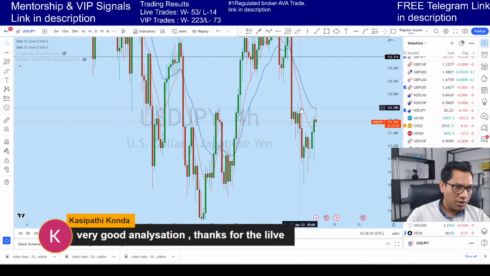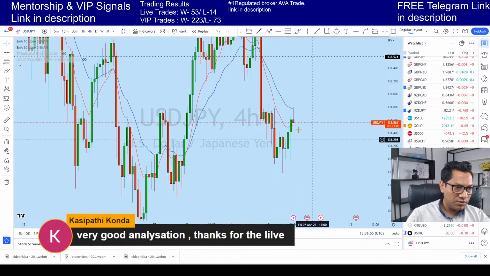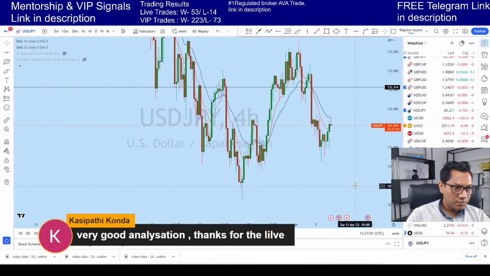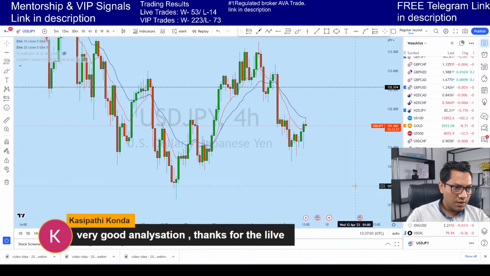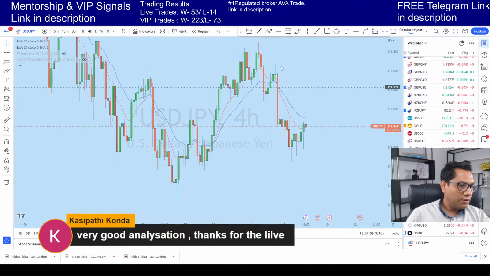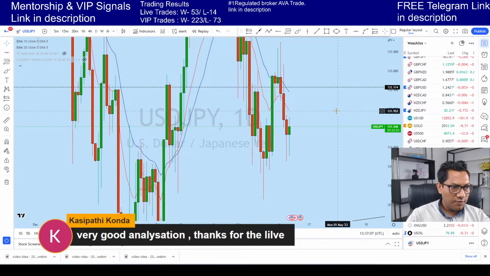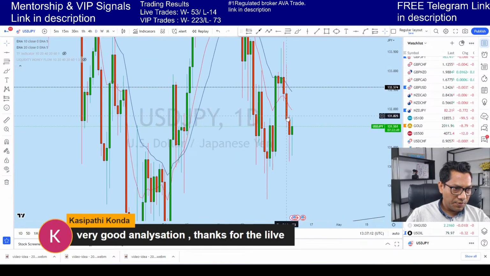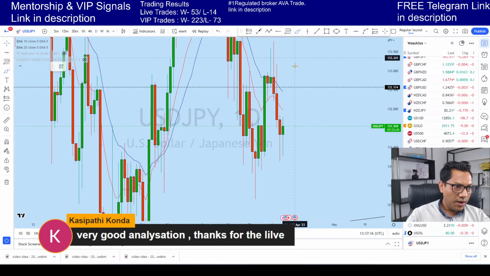This is a very important resistance zone, and you see that from this resistance the price is rejecting. This is the daily chart. Let's say if this daily candle cannot break the previous day's high on dollar yen, we might see an immediate drop from here even.